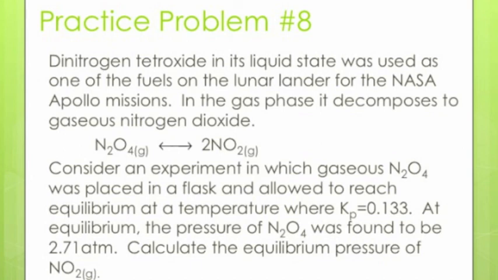So Kp is going to equal the pressure of NO2 squared over the pressure of N2O4. If Kp equals 0.133, then the pressure of NO2 can be found by plugging in the pressure of N2O4. But don't forget to take the square root of the answer at the end for the pressure of NO2. You should get 0.600 atmospheres.